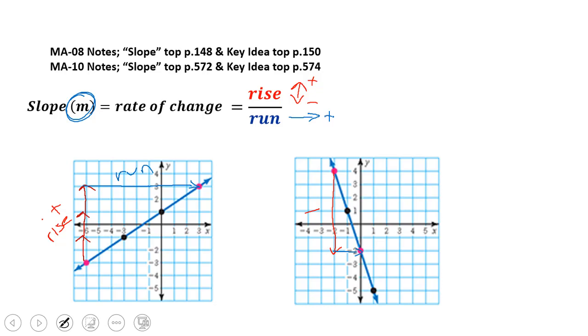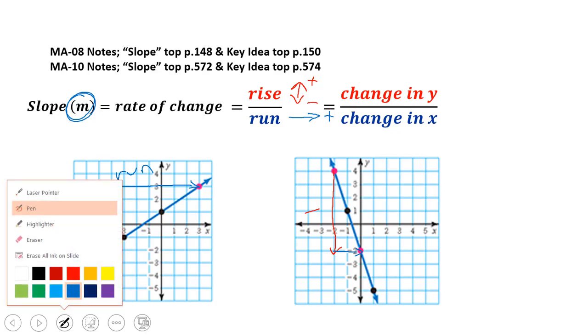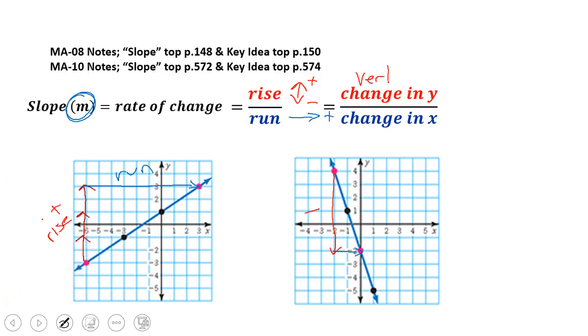Now another definition that they gave us was that the slope was the change in y to the change in x. Well, yes, that is the vertical change, because we're going up or down, to the horizontal change. All right? And how can we find that? Well, putting those words into something that makes sense is what we call the slope formula.